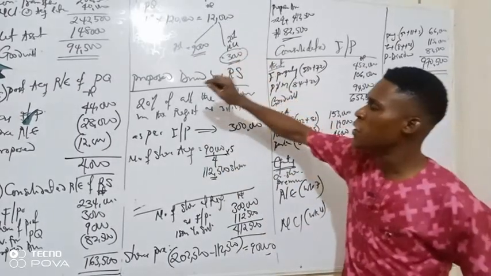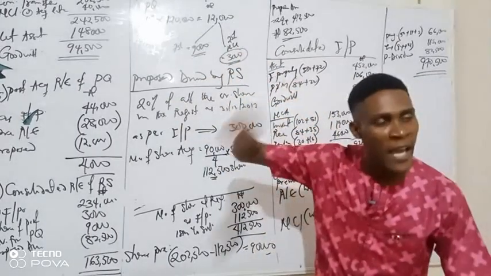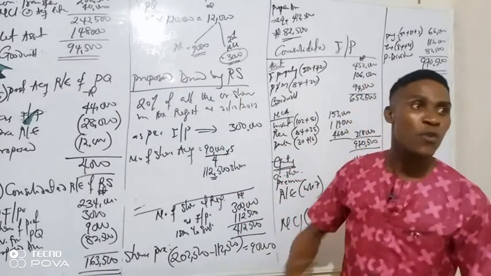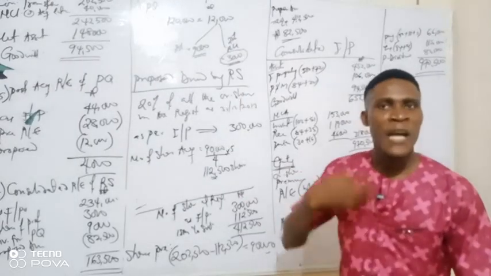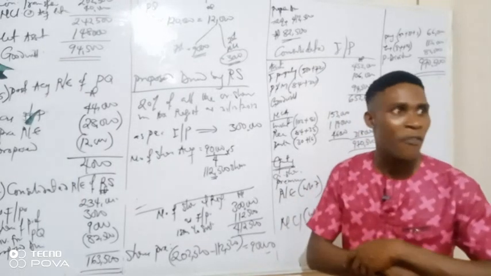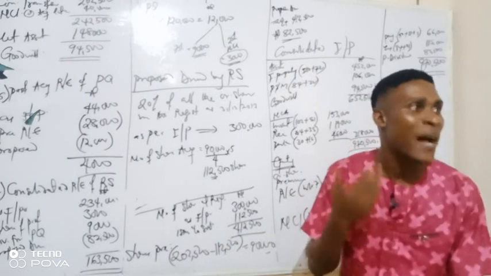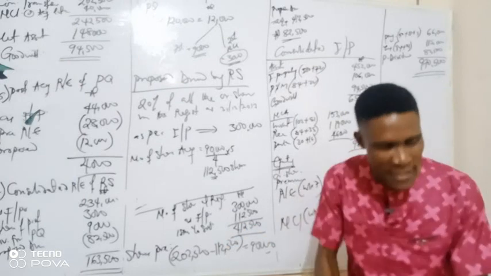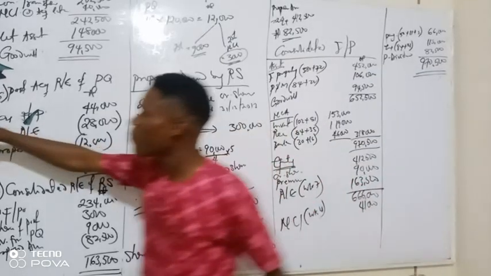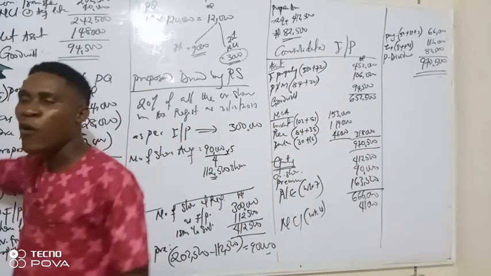Then shares were issued to acquire the subsidiary, right? When shares are issued to acquire the subsidiary, the question is, have they passed the accounting entry? If yes, no wahala. But if it has not been passed, you must pass it. So how do you pass it? Calculate the number of shares you acquire, which is 9,000 shares, abi. How do you give it out?